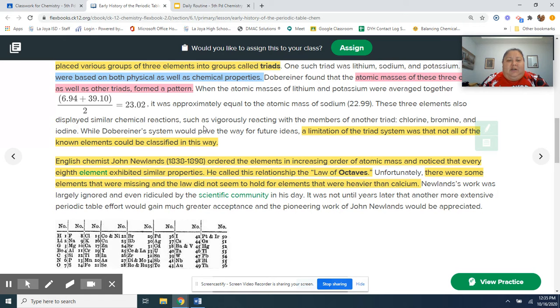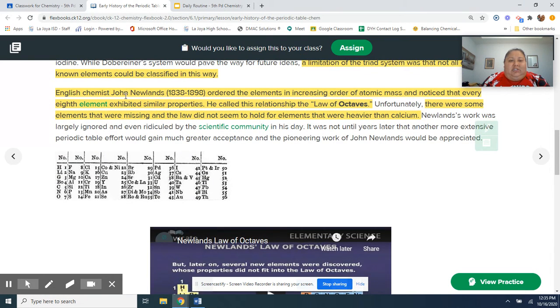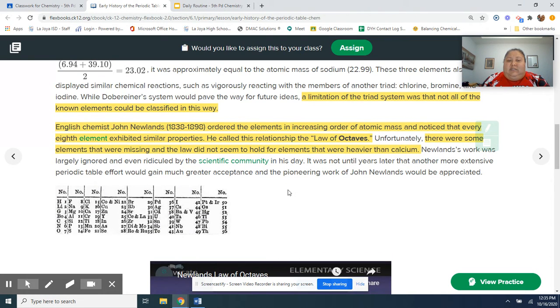After Dobereiner, we had English chemist John Newlands. John Newlands tried to order elements by increasing atomic mass, and he noticed that every eighth element would show similar properties, right? Similar chemical and physical properties.